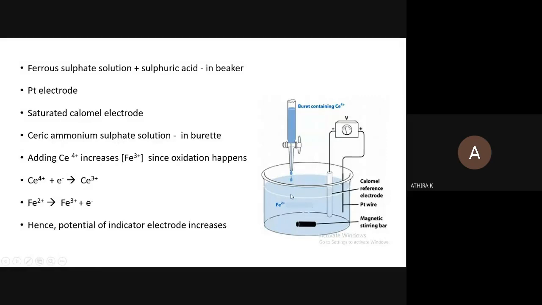And the Fe2 plus ions in the solution get oxidized. Fe2 plus changes to Fe3 plus plus an electron. This is the reduction reaction and this is the oxidation reaction. So together we call it a redox reaction happening during this titration.